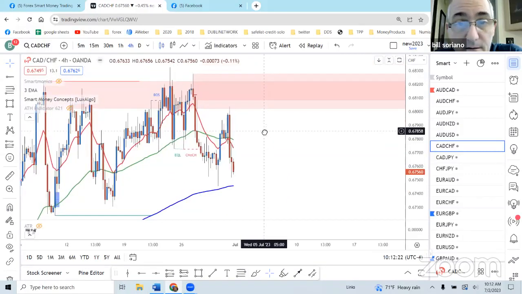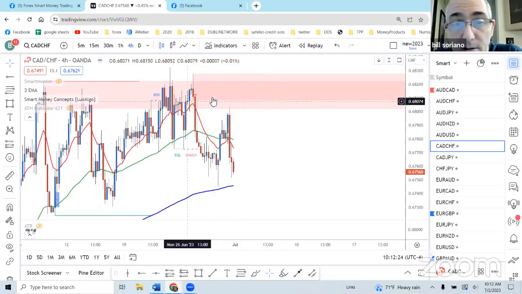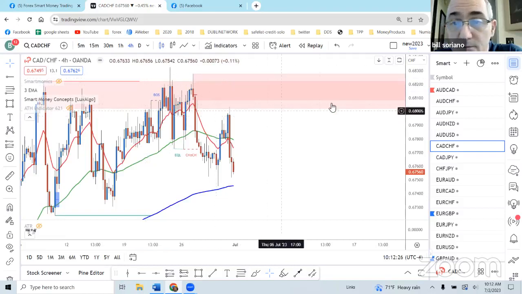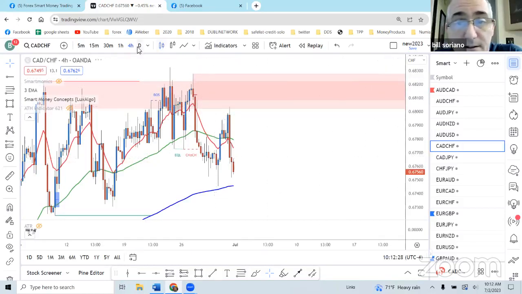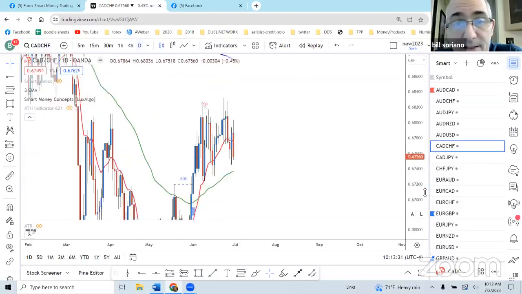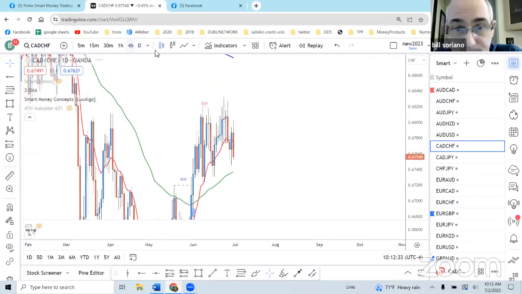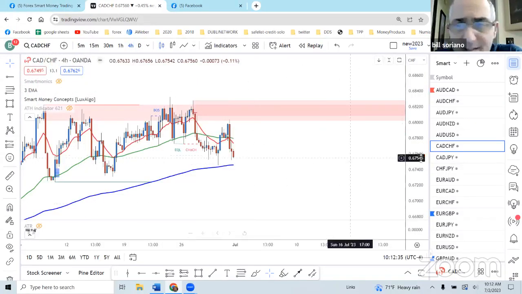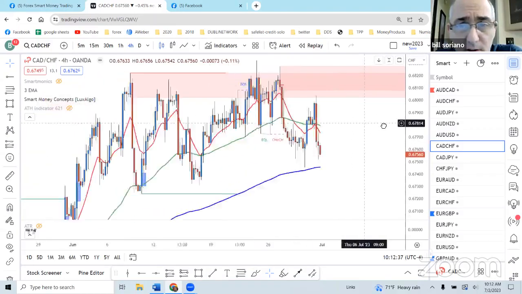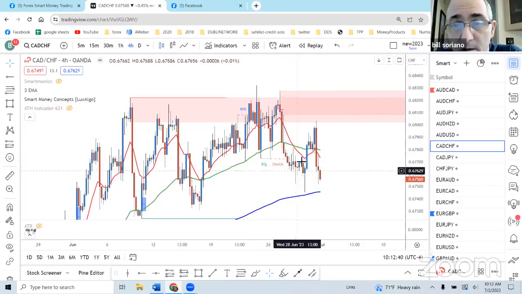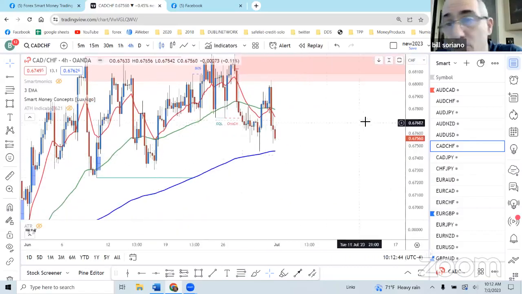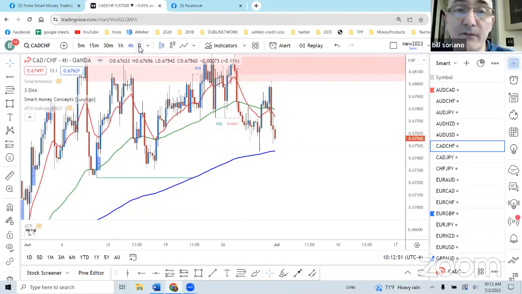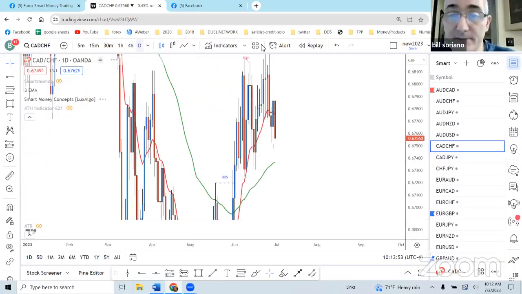Now, if we look at the 4 hour, we could really take this either way, right? So here, it looks like we have some zones marked up here. Again, the daily, I'm saying that the daily is bearish. I have a choke here on my 4 hour, but my 4 hour is still bullish. So when in doubt, guys, I'm going to want to go with the higher time frame, which is the daily.